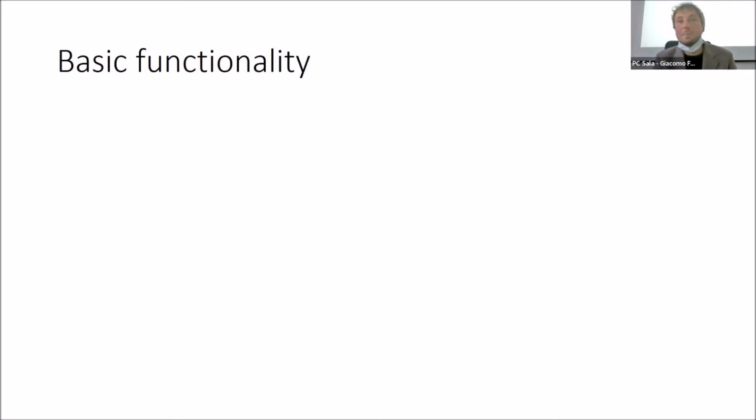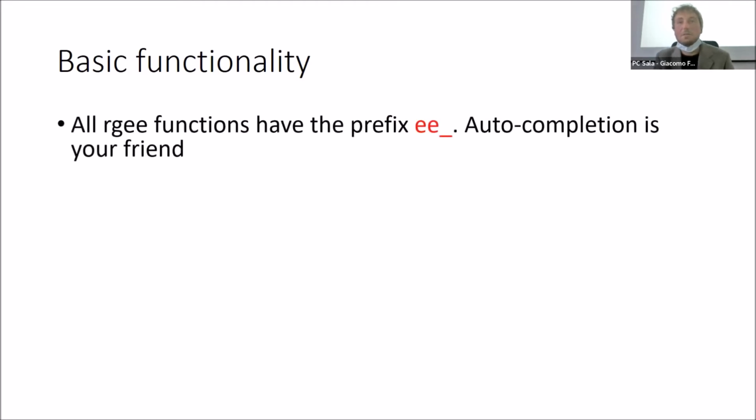Okay, well, in the meantime, I will continue a bit with some basic functionality of the package, how to use it, basically. So in the RGEE package, all the functions have the prefix ee.